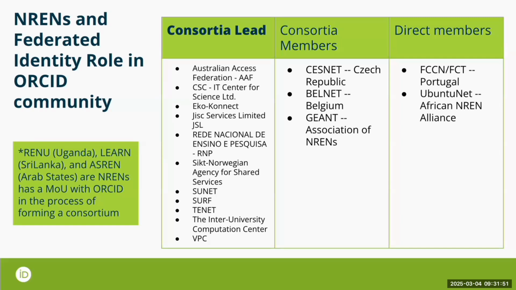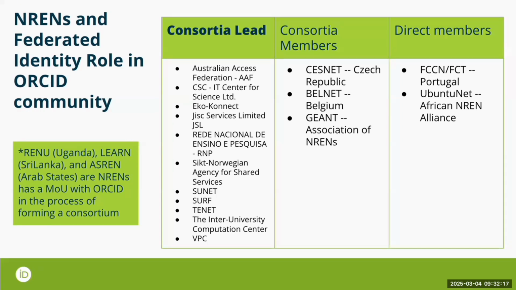There are some still coming. I think my colleague Brian will share more about the Sri Lanka case. And we have some more about those leading the ORCID consortium for a long time. So I just add here. And for NRENs and federated identity, which is a tongue twister, there are different ways to engage with ORCID.